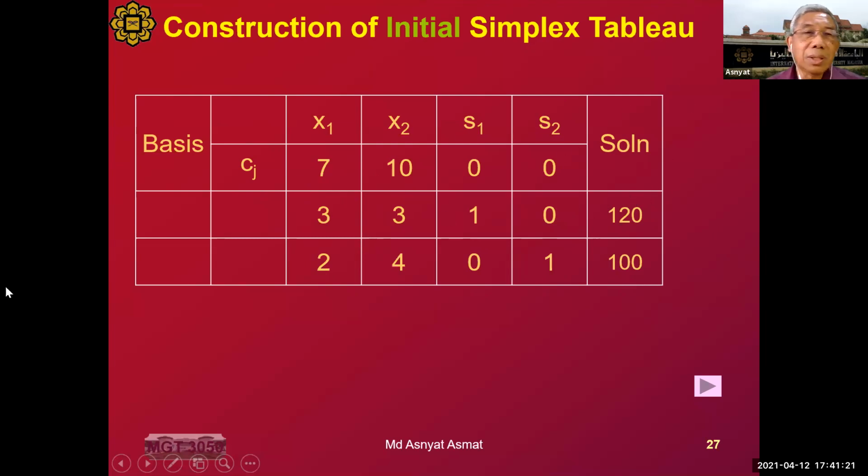Now in Simplex, we are going to bring the basic variable into the basis. That means we want to bring the basic variable that belongs to this constraint into the basis. Okay, I repeat.